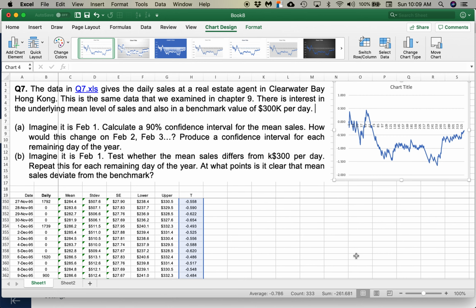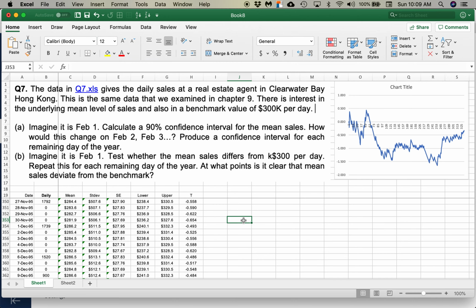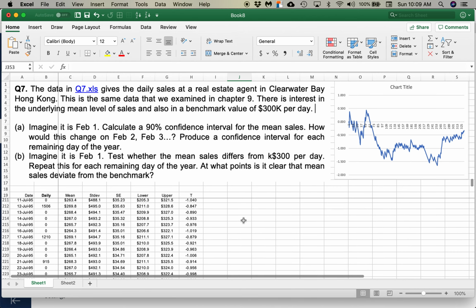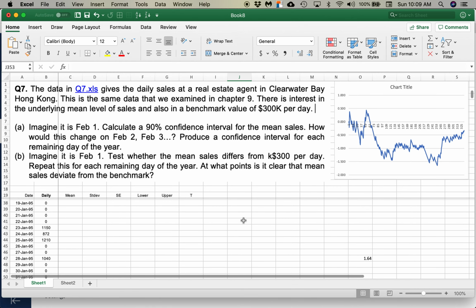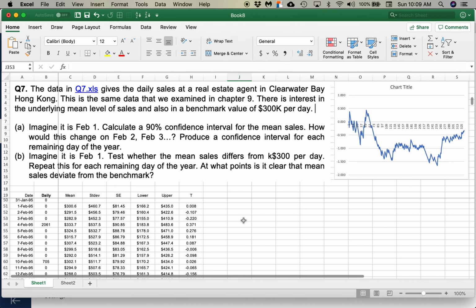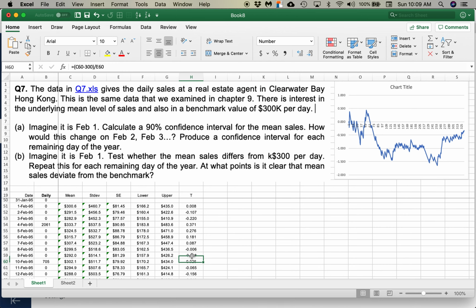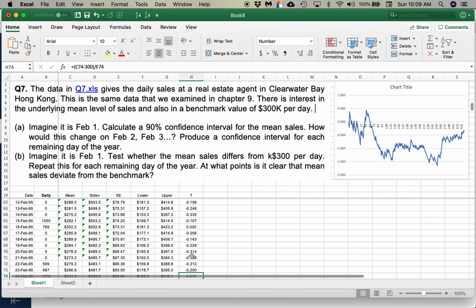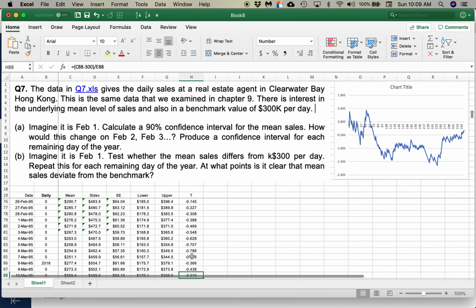So we can tell that there were times when we had high values for T. And if our null hypothesis is that we are at 300,000, there are instances where we have high values that suggest that we are well above the standard. I think the highest is going to be somewhere in February, March.